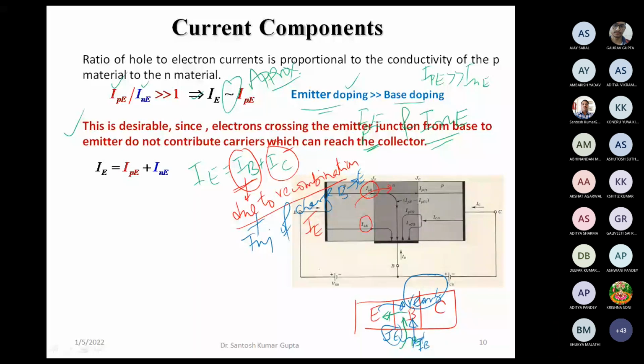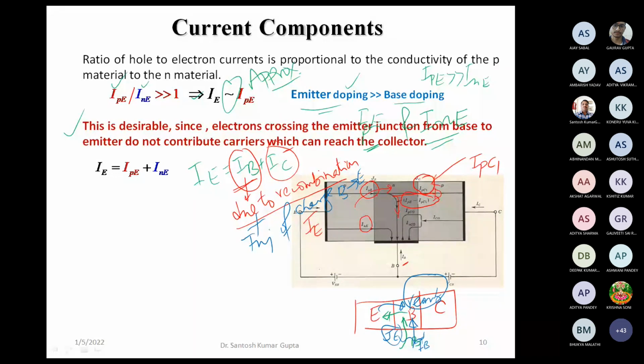A part of this IPE is recombined in the base, and the rest reaches the collector junction and is collected by the collector. The part collected by the collector gives rise to a current called IPC1, and the carriers which have recombined are compensated from the base terminal, forming the IPE minus IPC1 current.